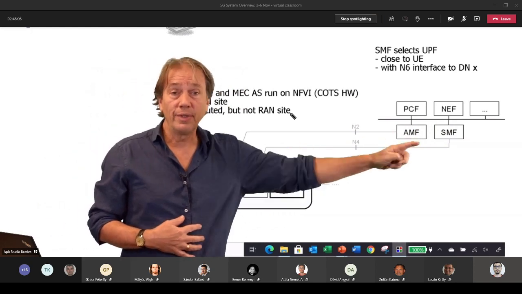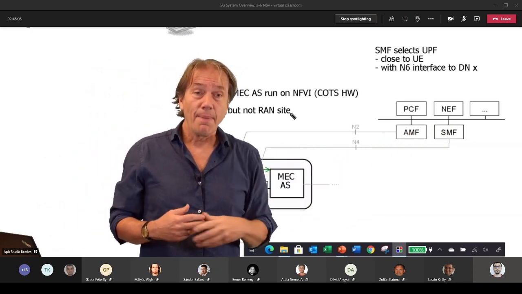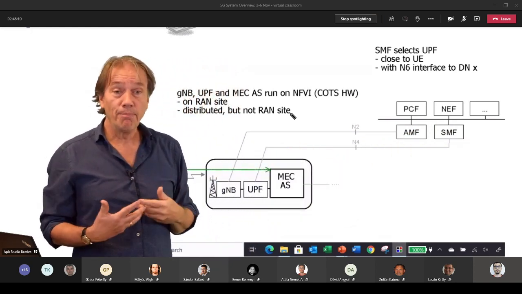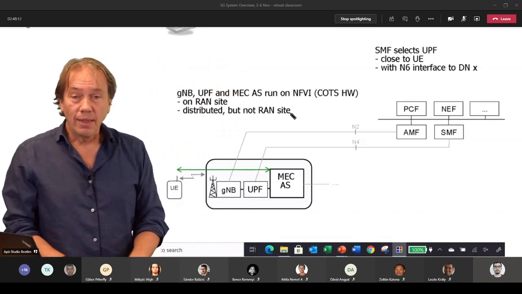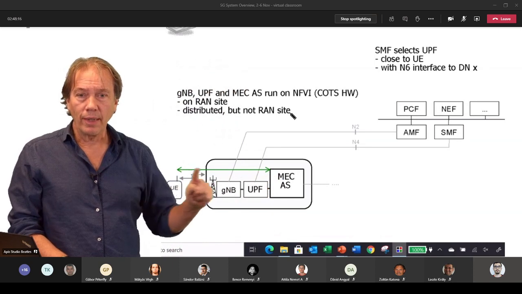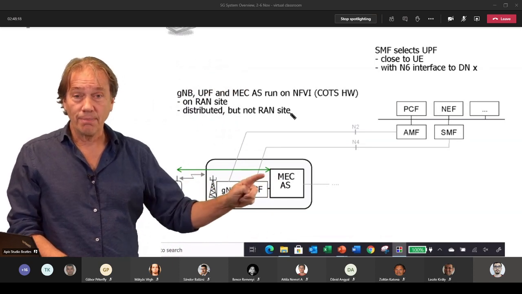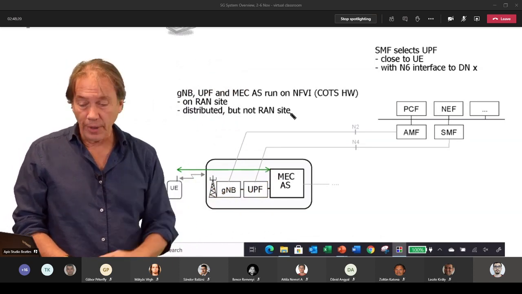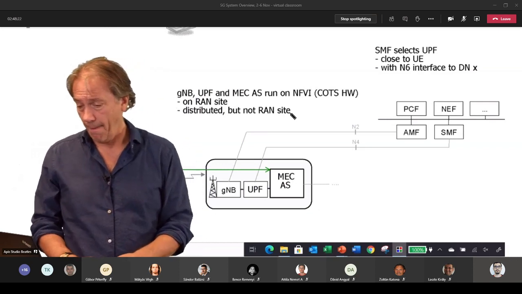This is not delay sensitive if we talk about millisecond latencies. The low latency refers to the green user plane part.